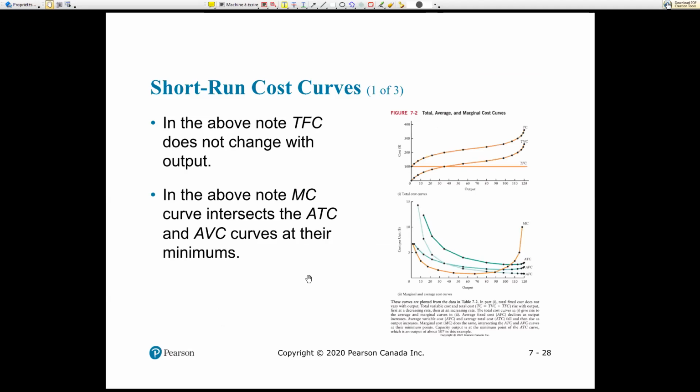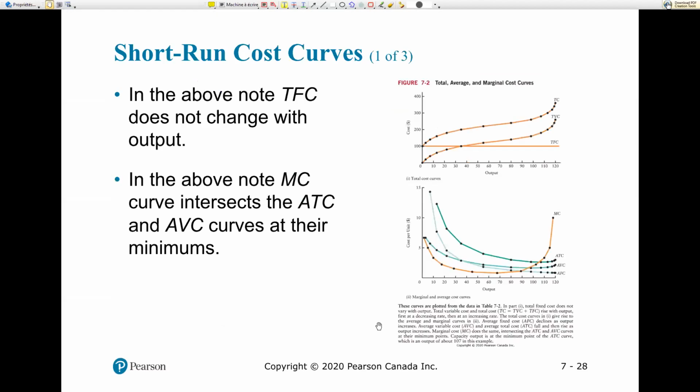Okay, so maybe the more complicated graph that we're going to see. You might realize that it looks like the previous graph we had. Why? Because it's related to the fact that to increase the output, I have to increase the number of workers I have.